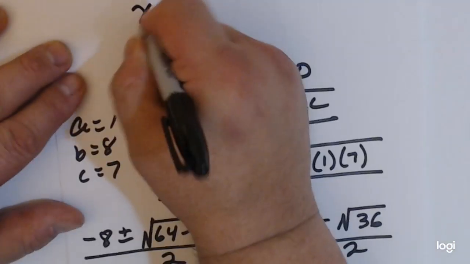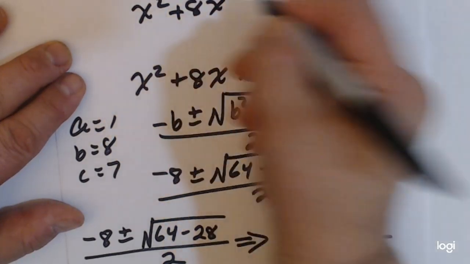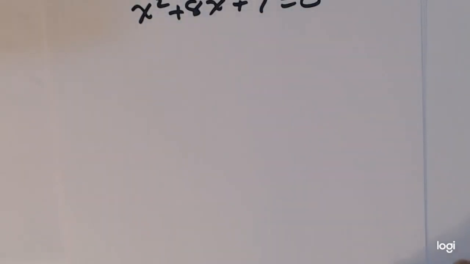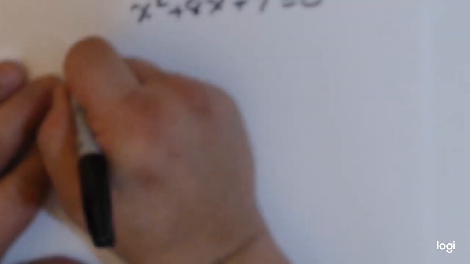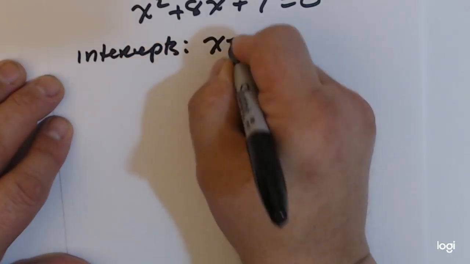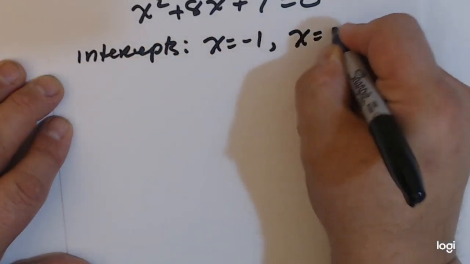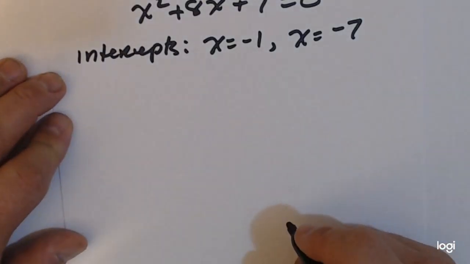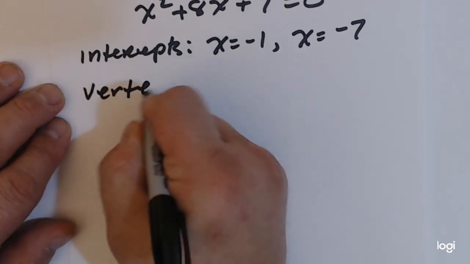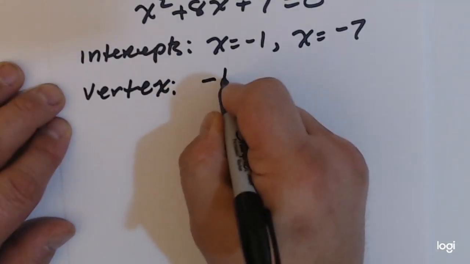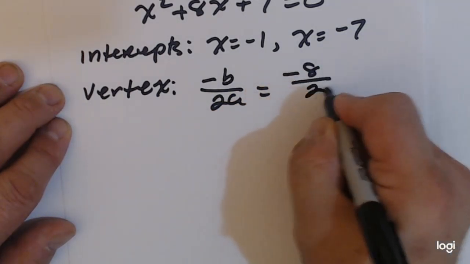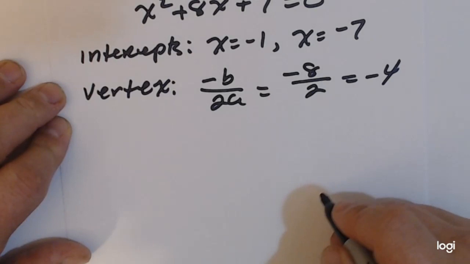We have x squared plus 8x plus 7 equals 0. And the intercepts are x equals negative 1 and x equals negative 7. The vertex, well, for x is negative b over 2a, so it's negative 8 over 2, which is negative 4.